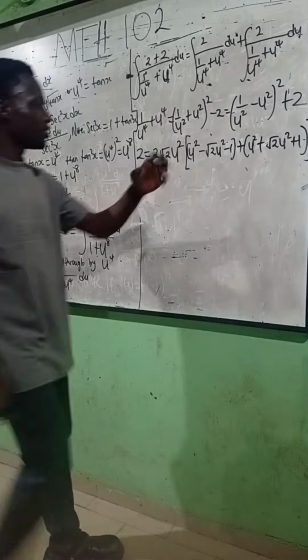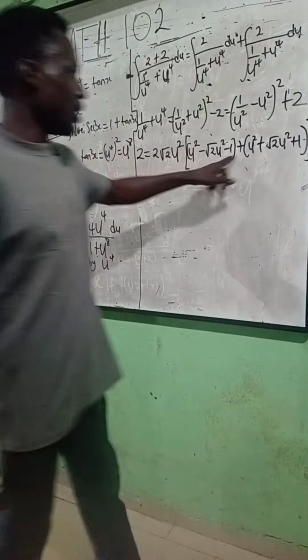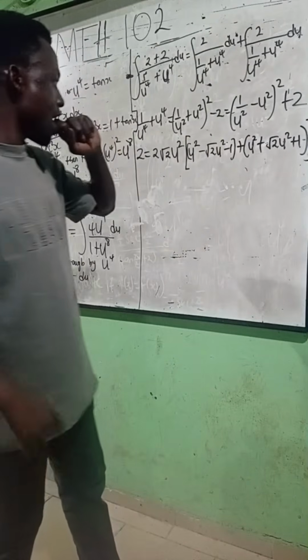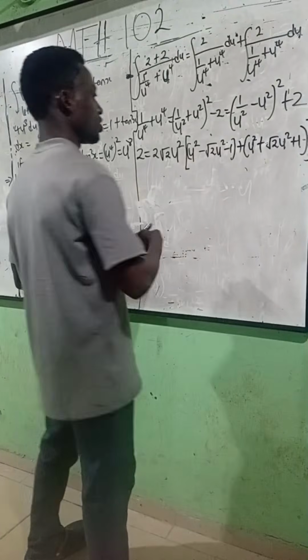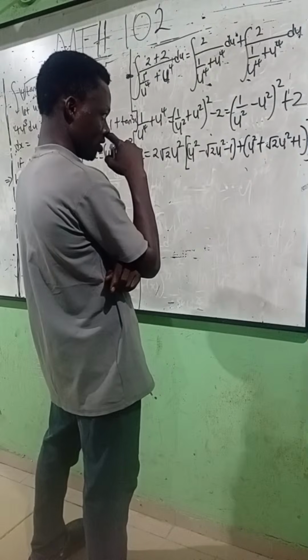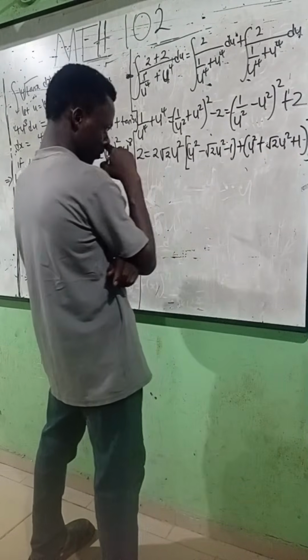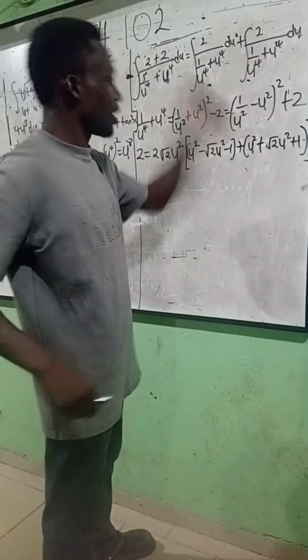Let me see what this thing came the other time. Minus 1 plus 1 gone. U plus this, minus. Okay, this one give us 2u square. This already cancel this.